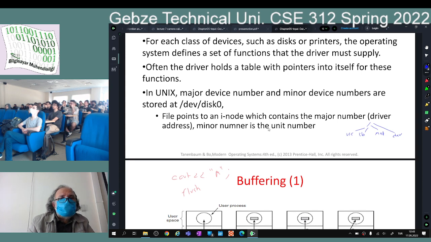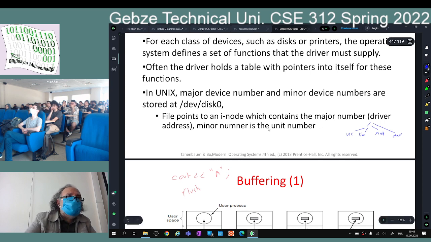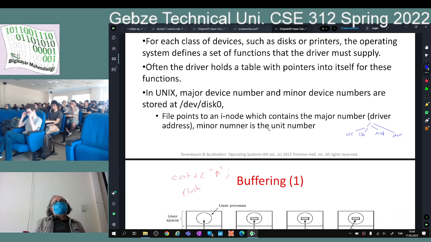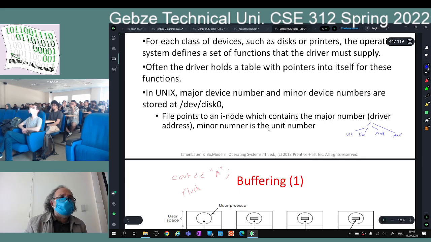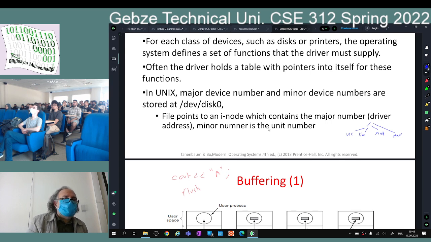These files point to an inode, and those are special inodes. Inside those inodes, you have two things. One is a major number. The major number is the device driver address. So for this device, I am going to use device driver number 5. For example, number 5 is a block device driver.